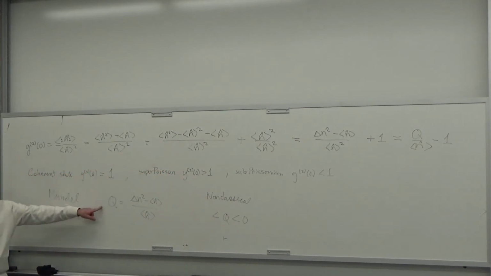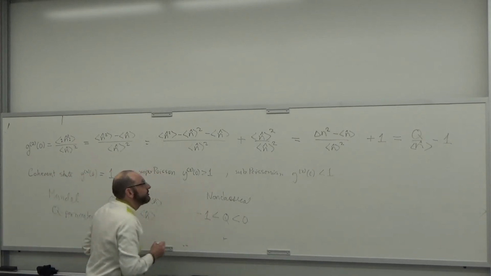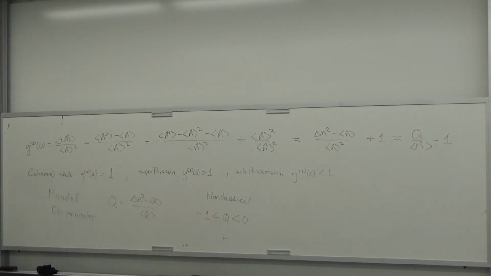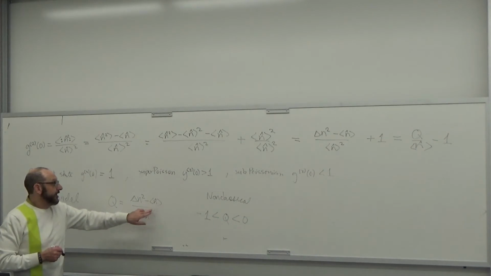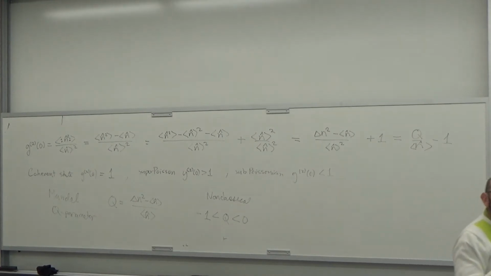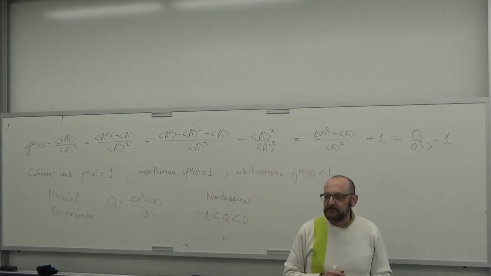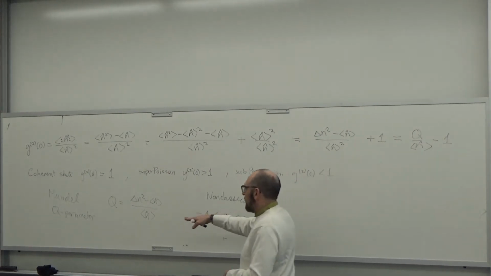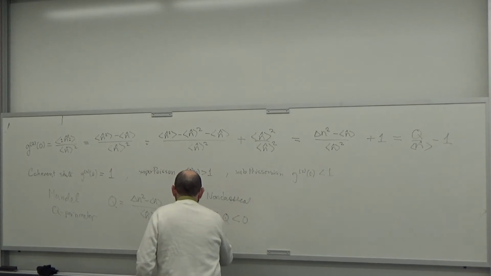What's the minimum this can take on? Negative 1. And what is the state when that is true? It's a Fock state, right? So if I have no fluctuations at all, that's a Fock state, then this is minus 1. So it's a way of quantifying the degree, the Mandel Q parameter, little known these days, is a way of quantifying the degree of sub-Poissonian, okay? Just looking at it relative to the Poisson fluctuations themselves. So this is for a Fock state.